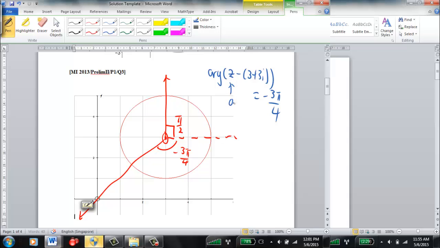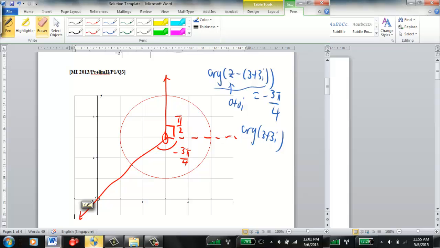You put z as 0 plus 0i. So what happens? It becomes argument 3 plus 3i. Can you check whether does that become negative 3 pi over 4? Yes, right? So that's how you test. Because sometimes when you draw, you're not sure. You do not know whether it actually passes through. So the best way is to put in the point to test.